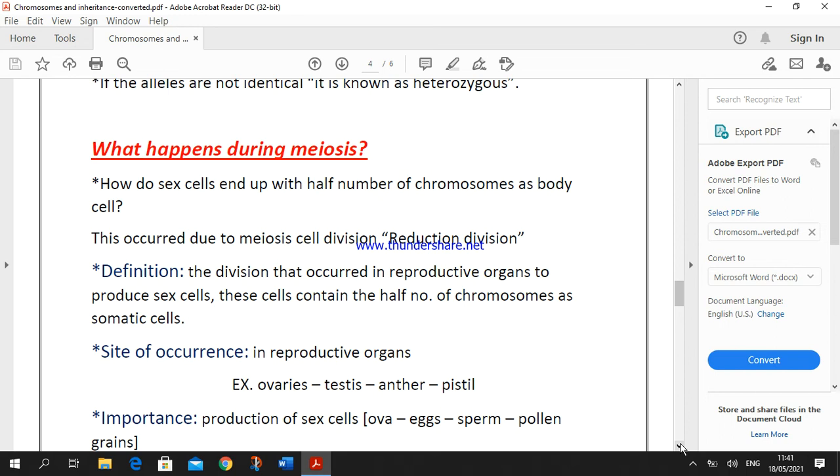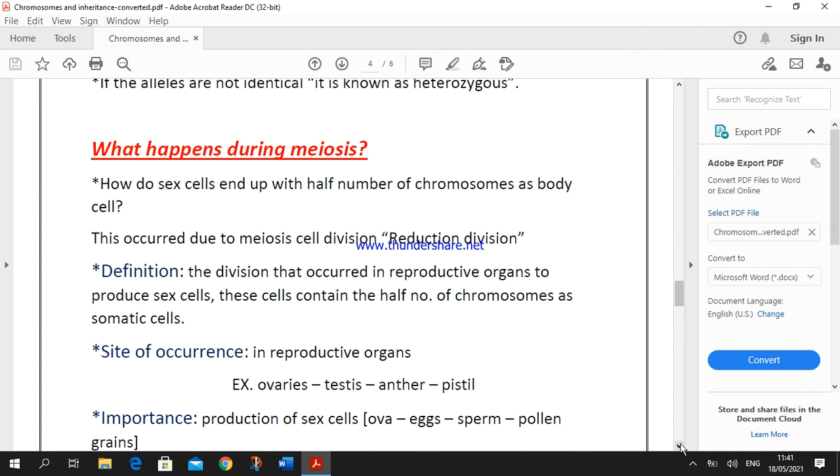The definition of meiosis: meiosis is a type of division that occurs in reproductive organs in order to produce sex cells, and these cells contain half the number of chromosomes of a somatic cell.